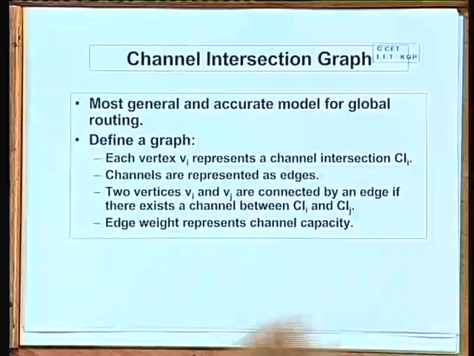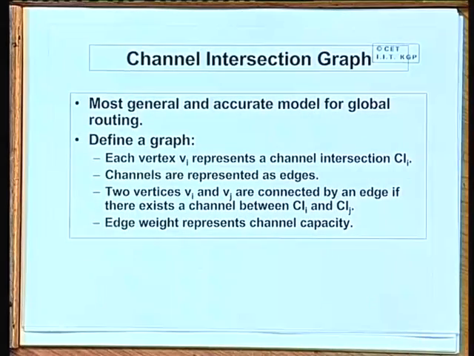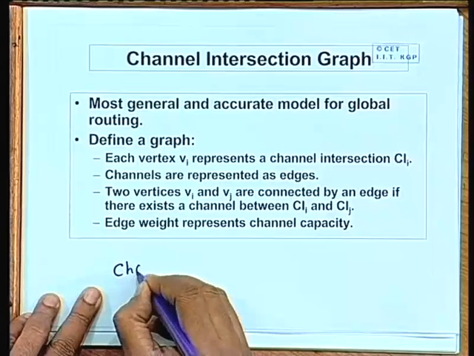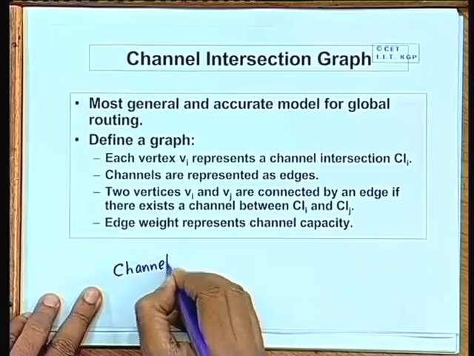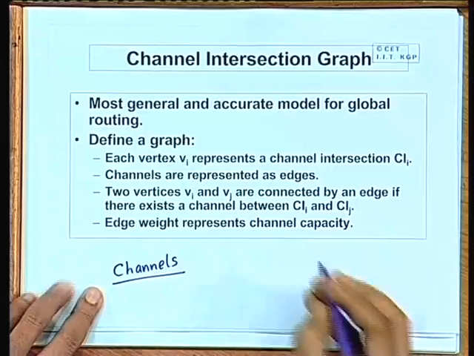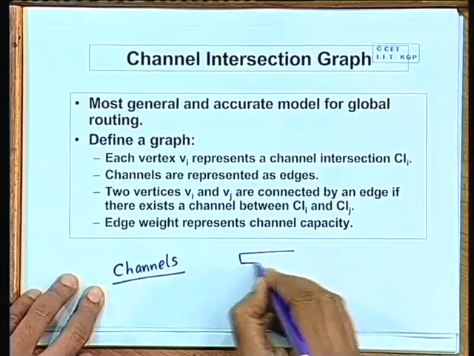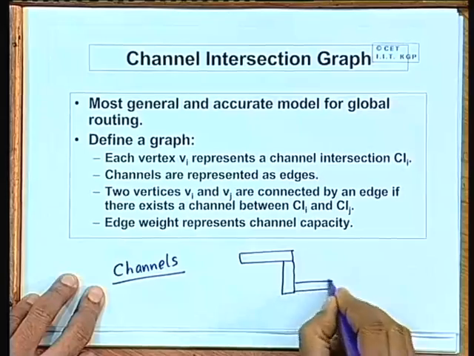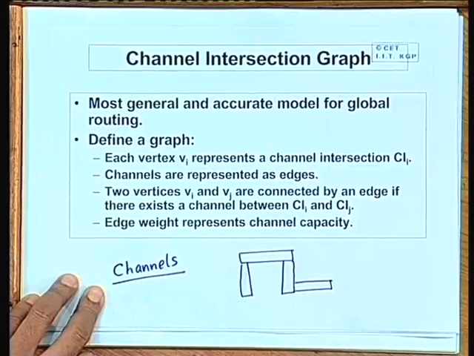This is a so called channel intersection graph. Here, the total layout area is identified by a set of channels. Suppose this is a channel, this is another channel, this is a channel, and so on.